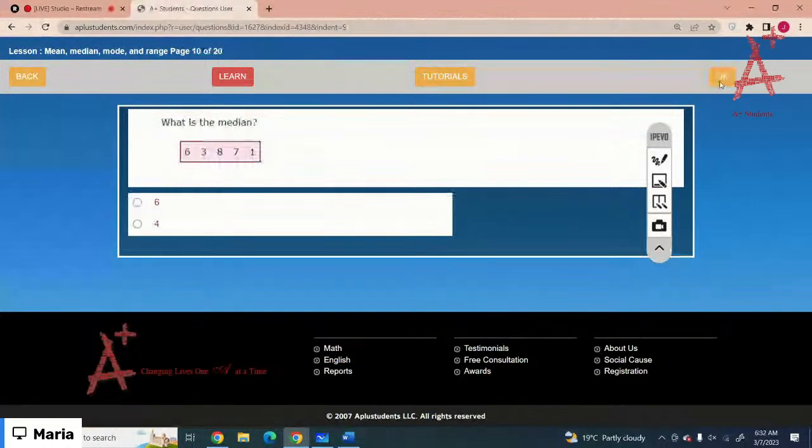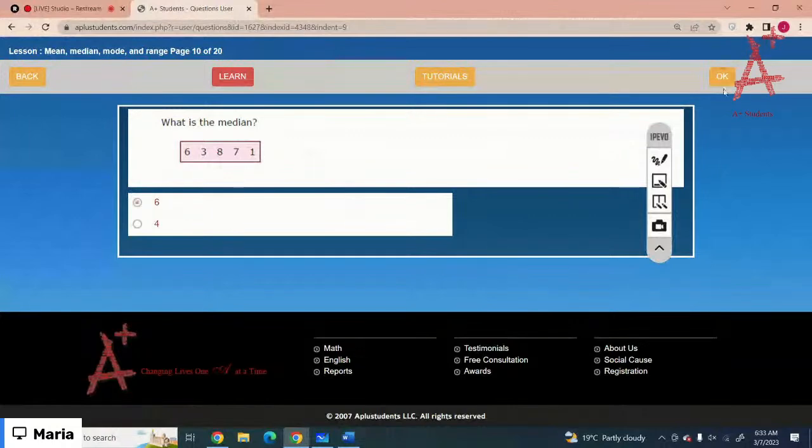So for the median, you have to arrange them from least to greatest. 6 is the median. Got it? 6 is the number that can divide the data into two equal groups, so it would be 6.